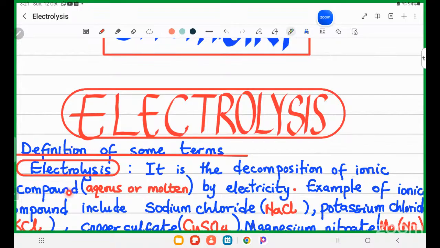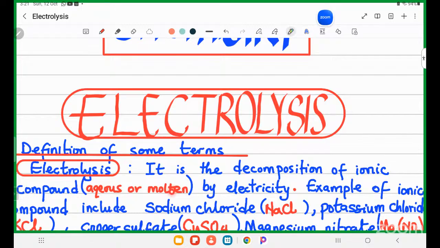Ionic compounds are those in which we have metals and non-metals. That is electrolysis.